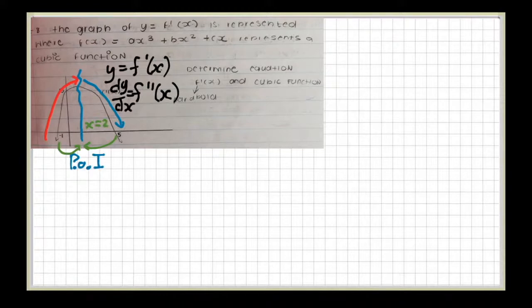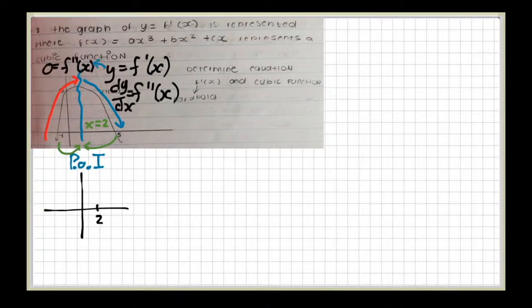So, what does this mean? At x equal to 2, the second order derivative is equal to 0 because it is the derivative of that y value.